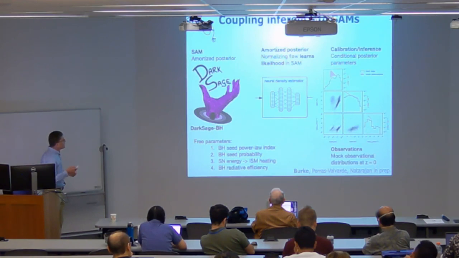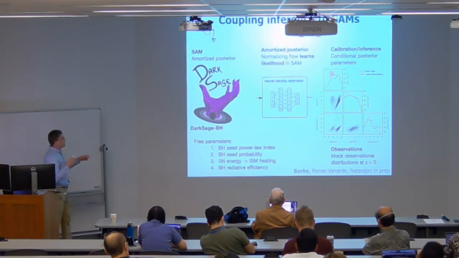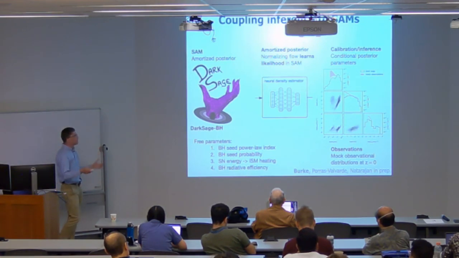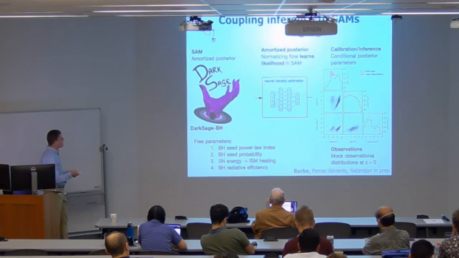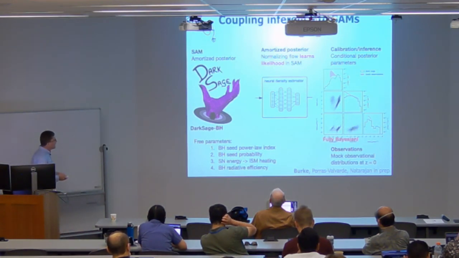You can compare that to observed distributions of local black holes, their black hole mass, stellar mass, and AGN luminosity. Instead of just calibrating with the mass functions, we can treat these quantities as distributions and match the covariances in the observations, which encodes information about the black hole mass stellar mass relation and the Eddington ratio distribution function self-consistently, and it's fully Bayesian.